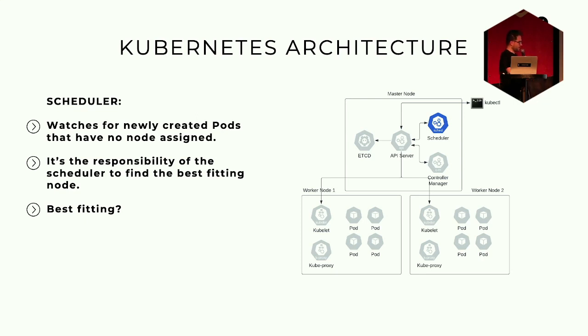And what does best fitting mean? Just very interesting here. Best fitting might be the memory or also the processor units we have available on one node. If we say that our software runs better with a GPU, then it might be that.